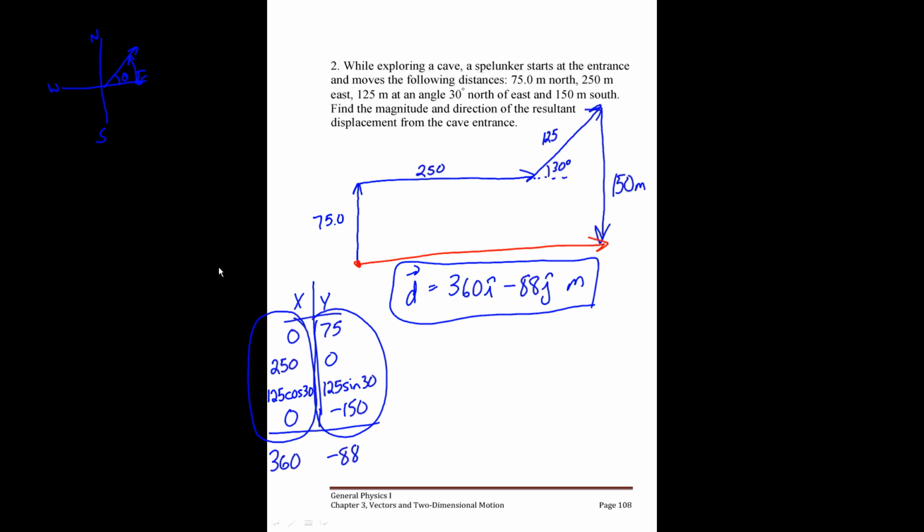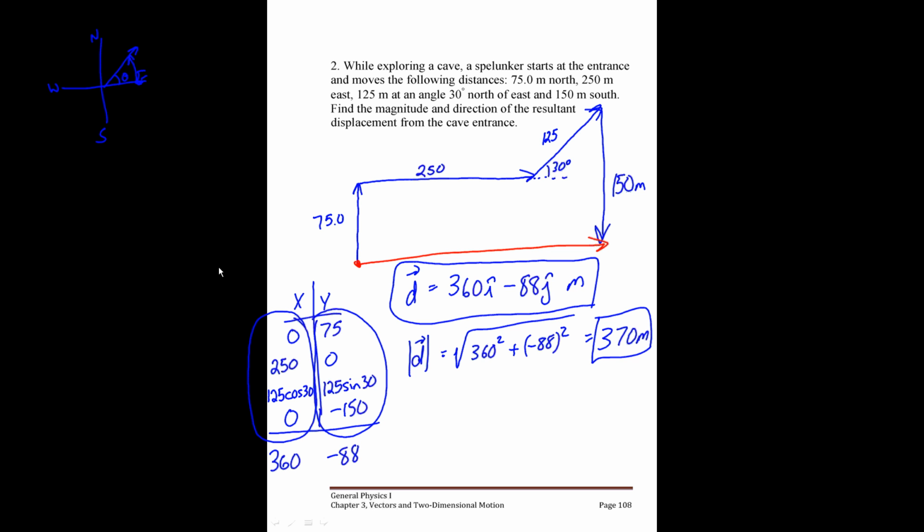In order to find the magnitude of d, use the Pythagorean theorem, square root of the sum of the squares, 360 squared plus negative 88 squared, though that negative is moot, you don't really need it because it goes away, and that gives you 370. All right, so that's my magnitude, and now I want to know the angle.